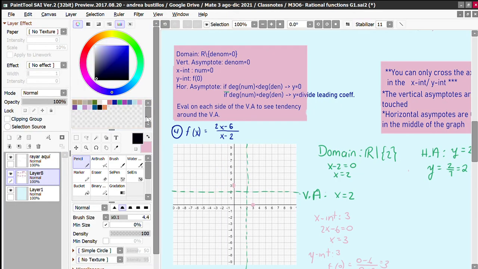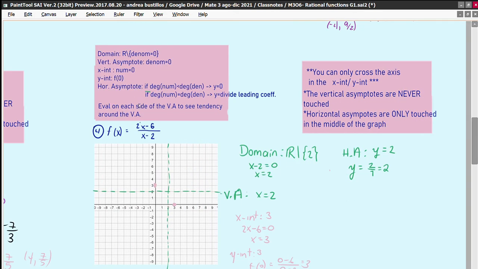Now again, to start graphing my function, I'm going to choose a side. Notice that I only have two sides because I have a single vertical asymptote. So I can start anywhere I like. I'm going to start on this side. On this side, notice that 3 is a close number to the vertical asymptote that is at 2.